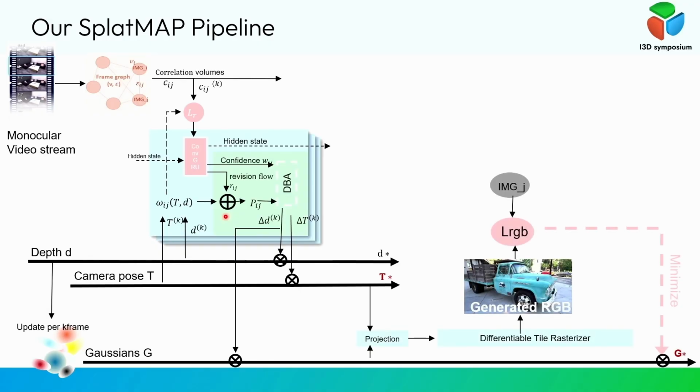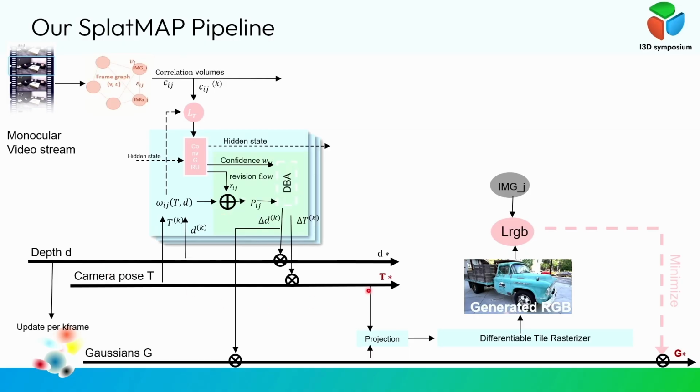After this, for the mapping part, we have already obtained the depths from the tracking part, and we utilize the current frame's camera pose to back-project and get the initial 3D Gaussian points.